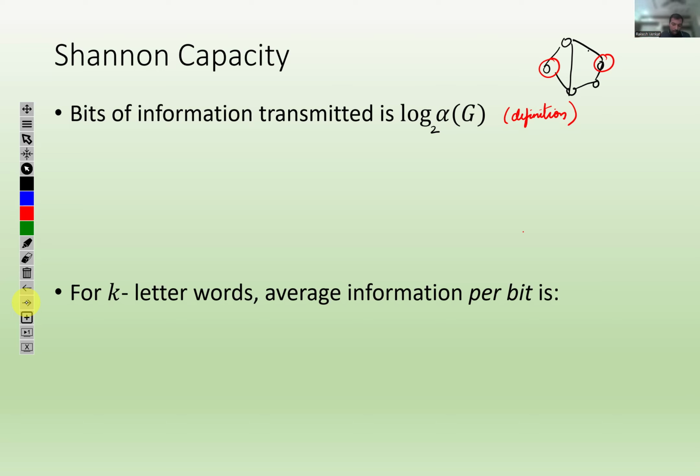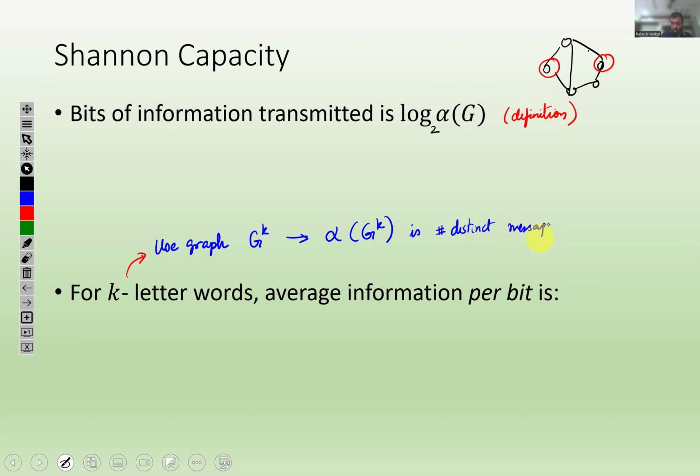So for k letter words, we are going to use the graph G power k, and alpha of G power k is the number of possible distinct messages we can transmit without confusion.